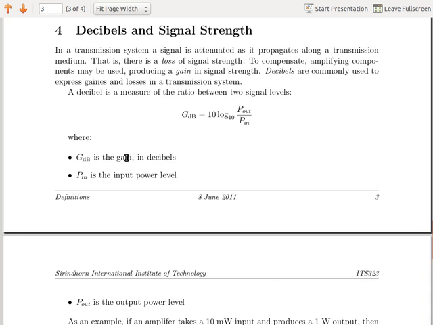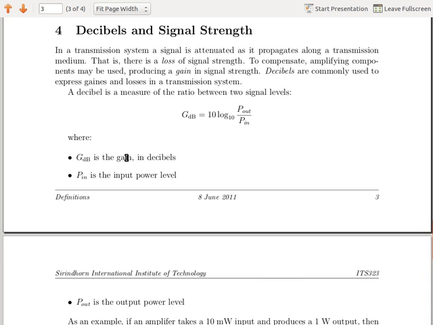It increases by a factor of 10. Measured in decibels, the gain is 10 divided by 1. Take the logarithm of that in base 10. The log of 10 in base 10 is 1. Multiply everything by 10. The gain in dB is 10 decibels.